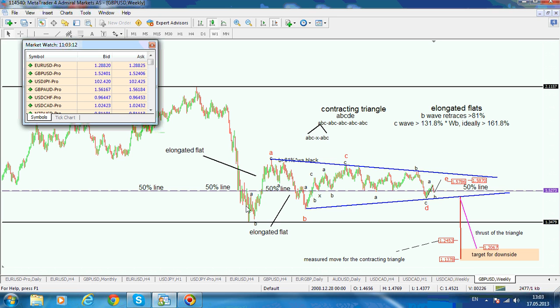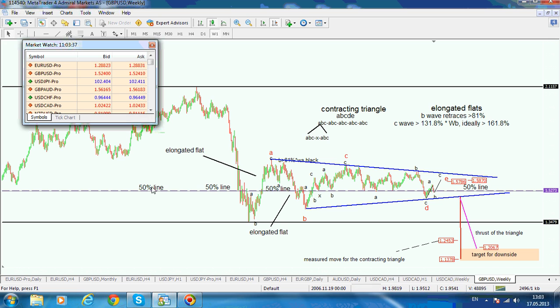The triangle comes in the form of an ABC, then another ABC to the downside with another elongated flat, then a double correction ABC, X and ABC, then an ABC for the D wave, and an AB, and looking for a C wave here, and this to end the E wave.